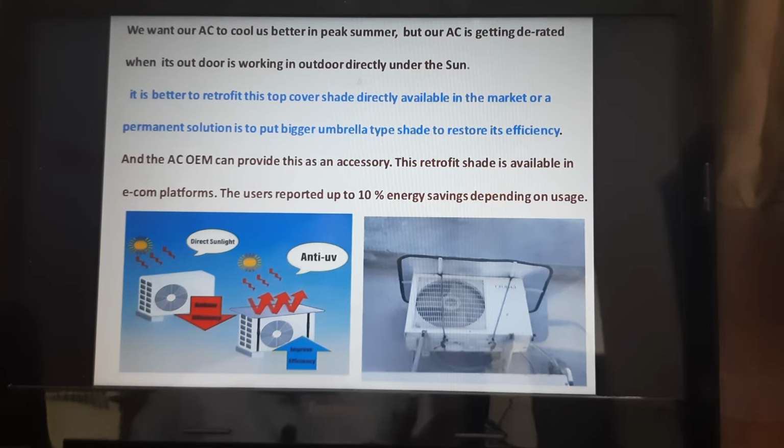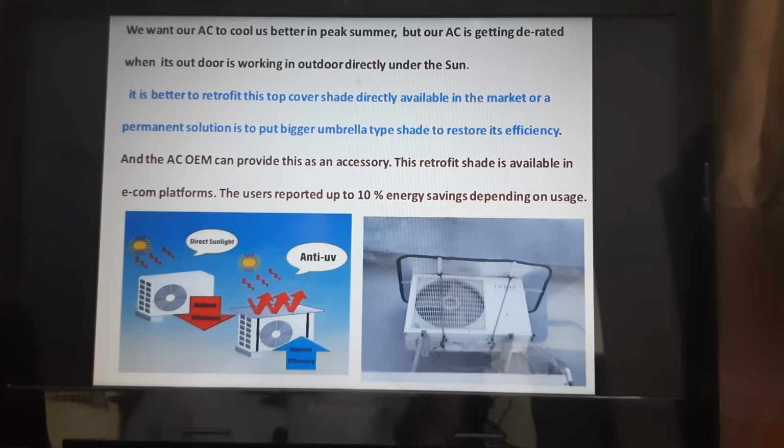Apart from this, see the outdoor AC units that we have kept in the open terrace or in the common area under the sun. They are almost getting boiled under the sun. But thanks to the many e-commerce platforms, this type of weather shade is available, which you can buy on e-commerce sites, and it costs around 500 to 1000 rupees only.